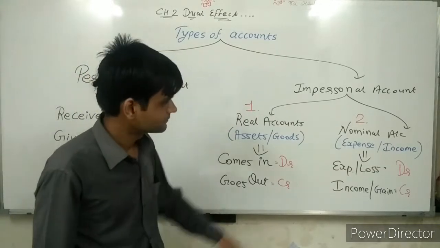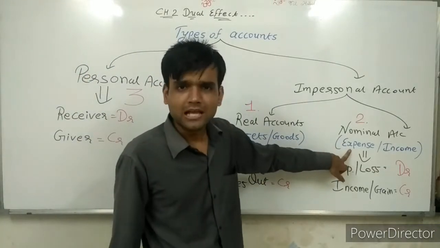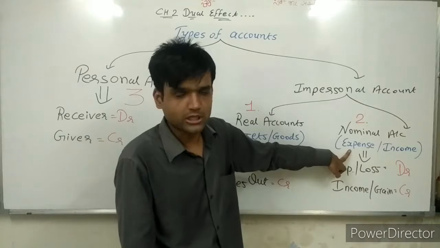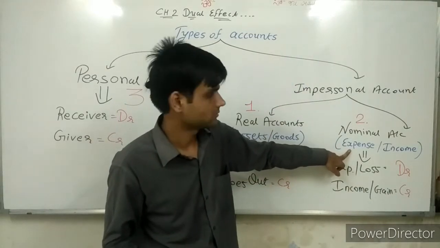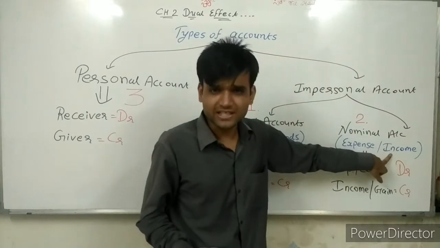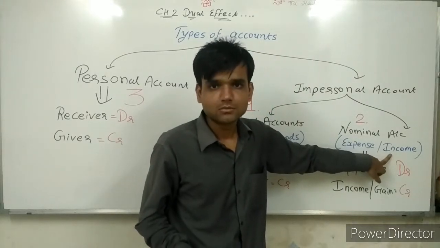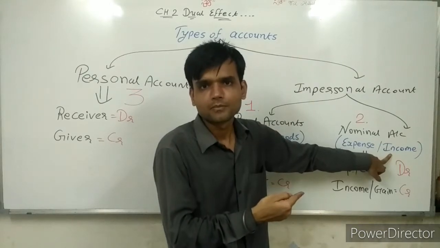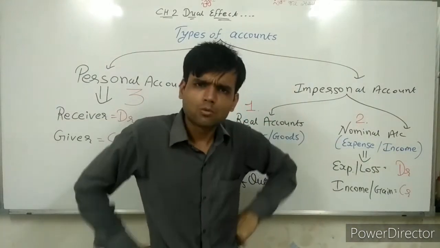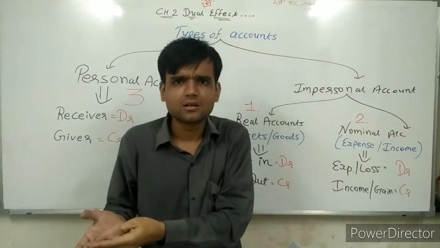Now think, is there any expense? No sir, cash comes in. What is the expense? Nothing. Is it income? No sir, it is not income. What is income actually? What we are earning from the market.